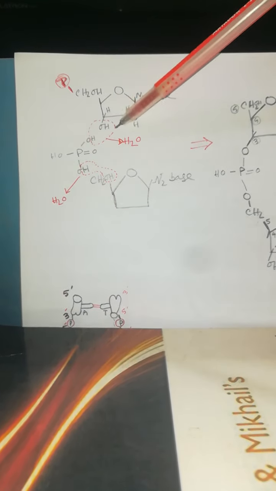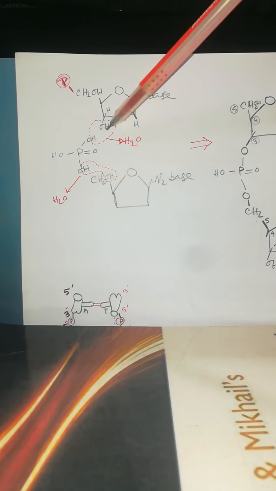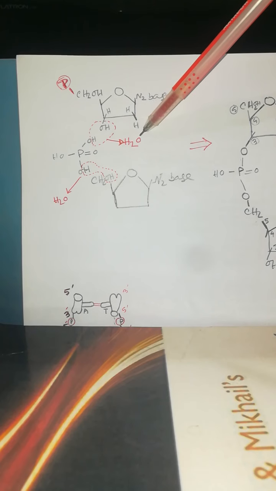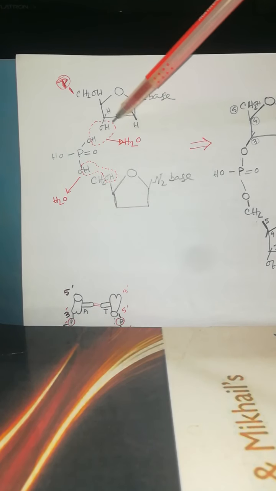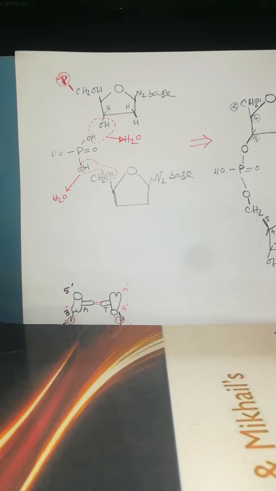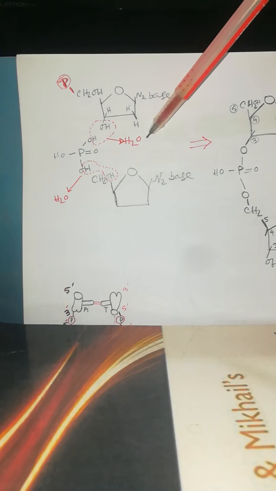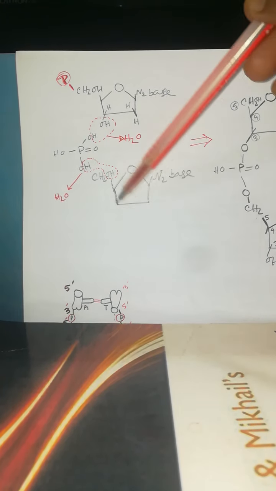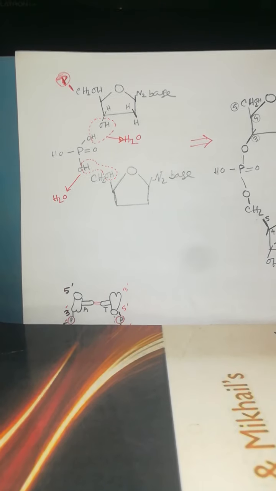Here you follow. We already know an ester bond is formed between two substances with removal of water. One molecule of water is removed between two substances, so an ester bond is formed. So in this nucleotide, the reaction occurs and water is removed.